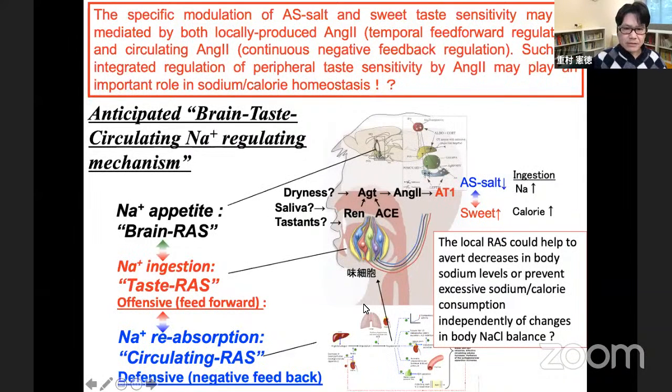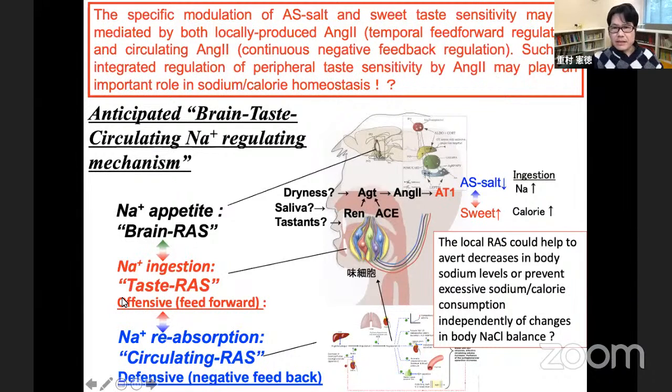This is the circulating RAS. Such an integrated regulation of peripheral taste sensitivity by angiotensin 2 may play an important role in sodium-calorie homeostasis.